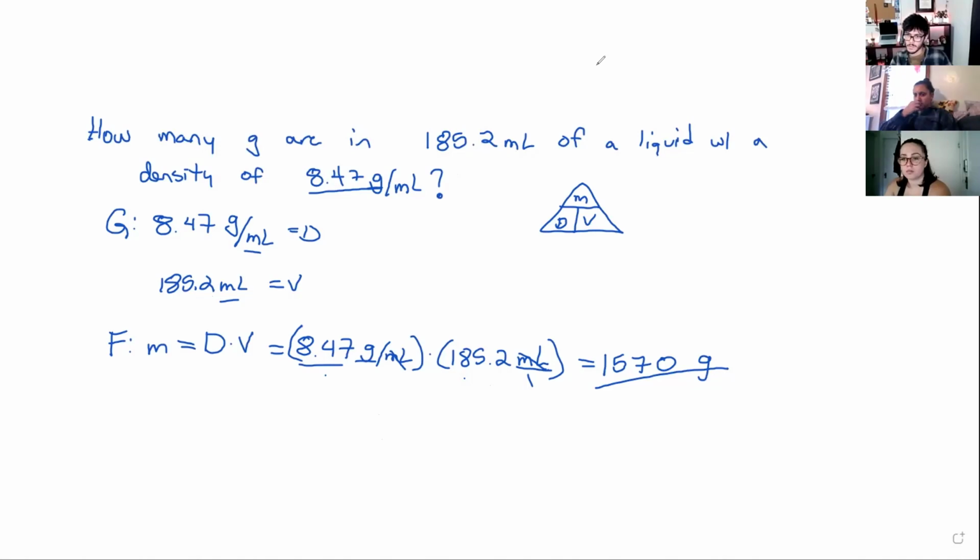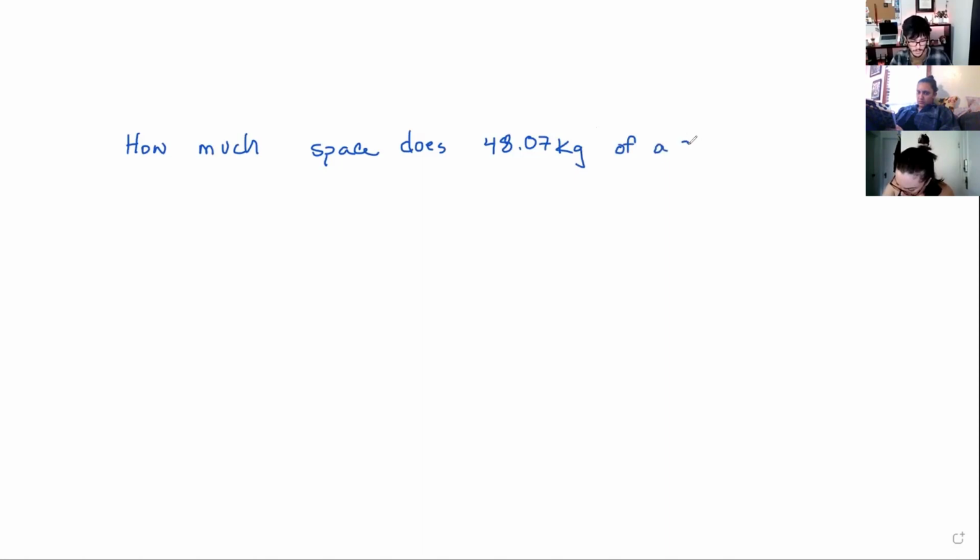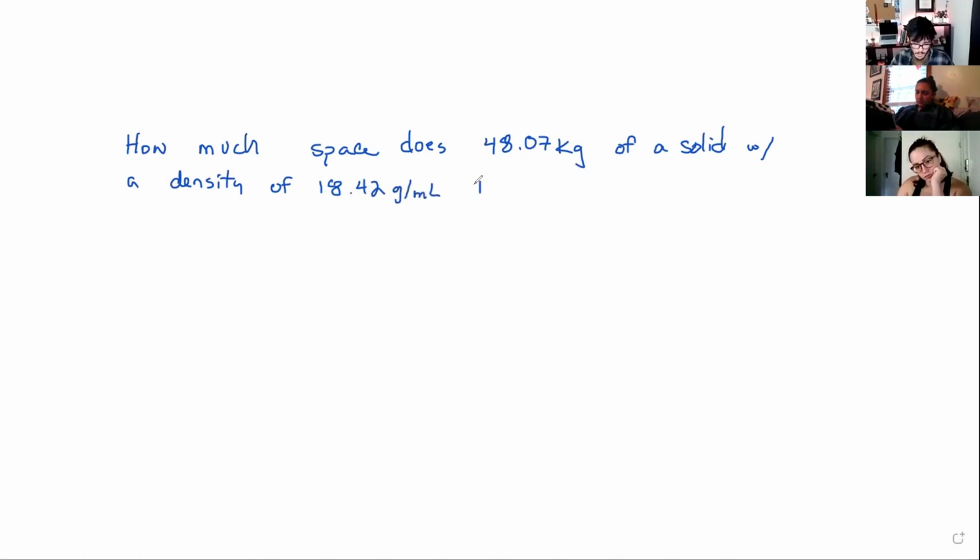And we're going to do one more of these density problems. Let's try: how much space does 48.07 kilograms of a solid with a density of 18.42 grams per milliliter take up?